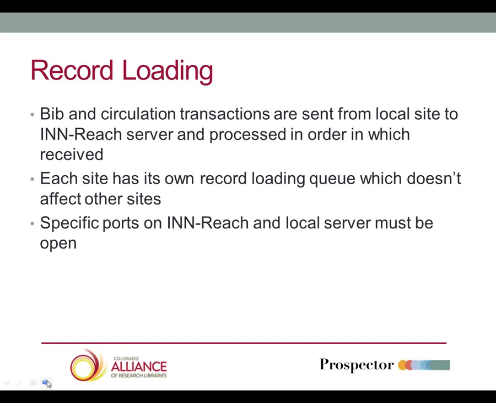For example, if one site loads 50,000 records, this does not interfere with another site's record loading. But it may interfere if, say, somebody loads 50,000 records and a checkout happens in the middle of that process. You check something out on your local system, and it may not show up in Prospector until the 50,000 record load that was before it finishes.